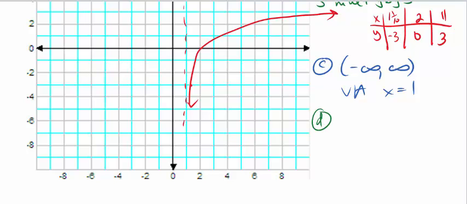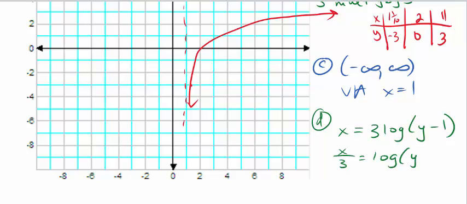Part B. Switch the x and the y to find the inverse. So we will have x equals 3 log of y minus 1. We have to get the log by itself before we can get rid of it. So let's divide both sides by 3. So x divided by 3 equals log of y minus 1.